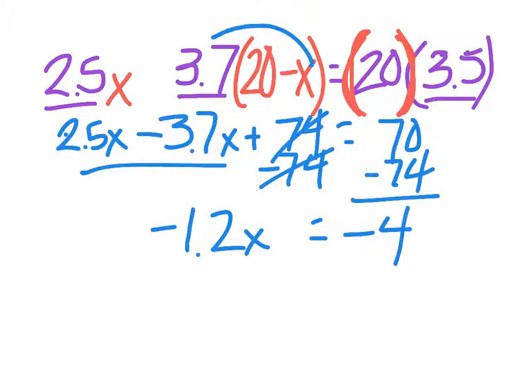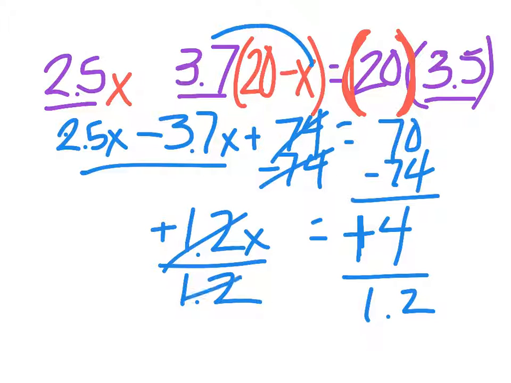Well, now you can see that if I have a negative on both sides, I can make them both positive. And now I just need to do 4 divided by 1.2. Divide both sides by 1.2, and you get x equals 3.33.